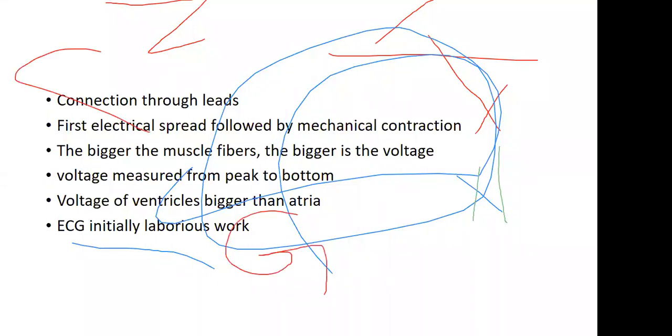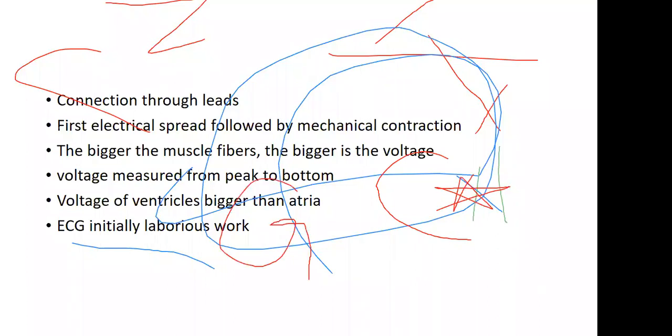Similarly, the height of the P wave will show the voltage of the P wave, which is because of the atrial contractions. Obviously, ventricular muscle is too much thick and bigger as compared to the atria, so they get the major share in the voltage.